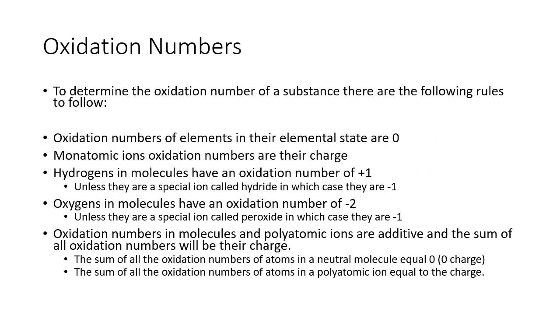Let's move on. Hydrogens in a molecule have an oxidation number of +1, unless they are special ions called hydrides, in which case they are -1. Let's have a look at this one here, CH4. There are 4 hydrogens within this molecule of methane, and each of those hydrogens has an oxidation number of +1.